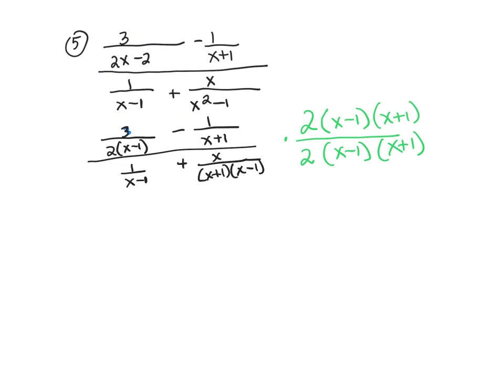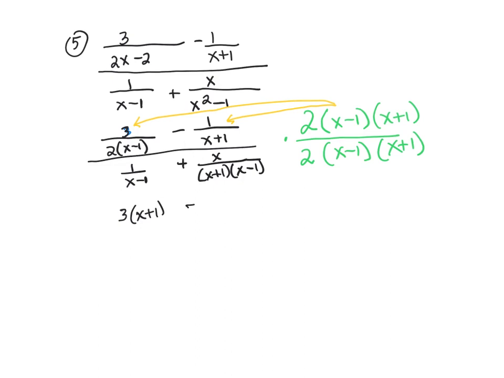So let's see if we could do this without writing all the work like we did in the other pages. We distribute this to this fraction and to this fraction. And note that when we do that, the 2 and the x minus 1's drop out, so we're left with 3 times x plus 1. Oh, that should be subtraction. Okay.